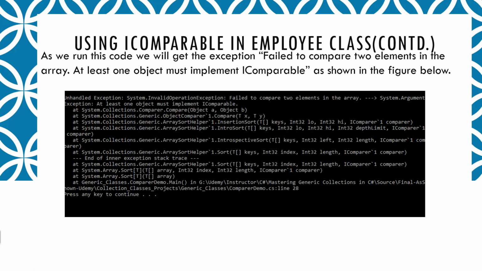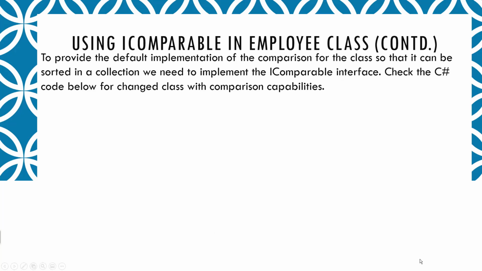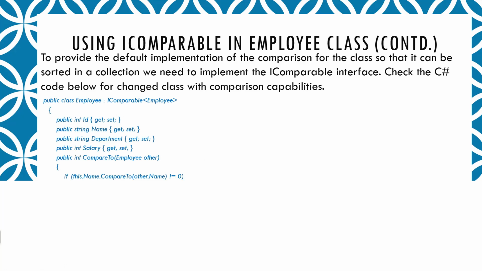If you go to the next slide, to provide the default implementation of the comparison for the class so that it can be sorted in a collection, we need to implement the IComparable interface. I will show you the C# code soon in Visual Studio, but first let's see it on the slideshow. As I told you in the learning outcome, the Employee class must implement the IComparable of Employee interface.